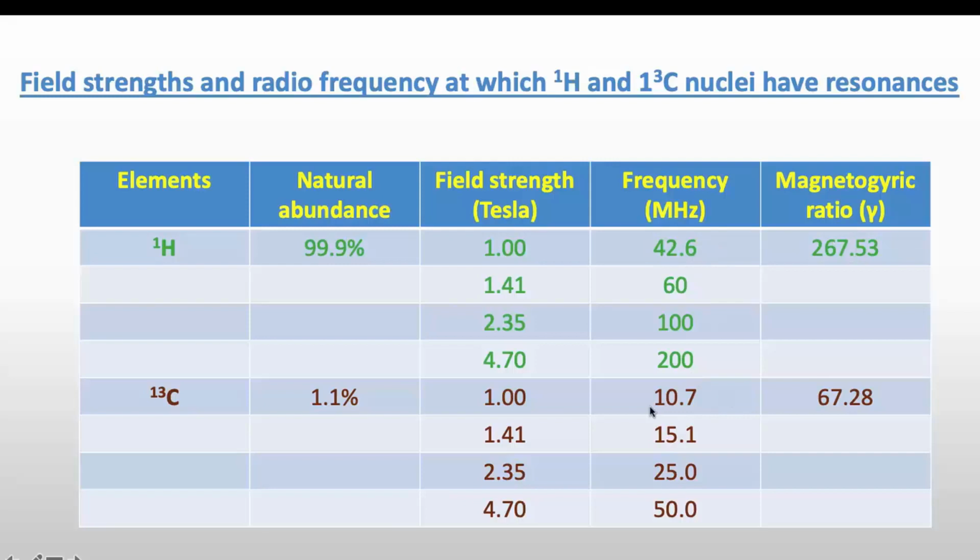The reason for this is the magnetogyric ratio of 13C, which is 1/4 of the magnetogyric ratio of proton. So when the magnetogyric ratio is 1/4, we need only 1/4 energy for carbon to get resonance between two spin states in the same applied field.